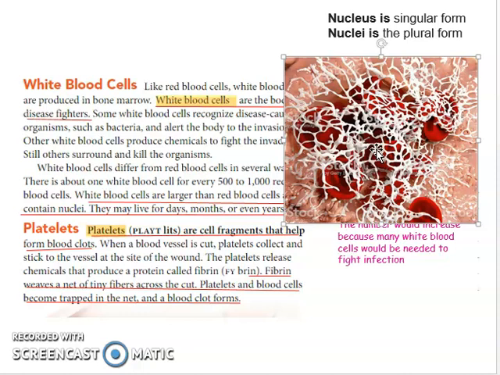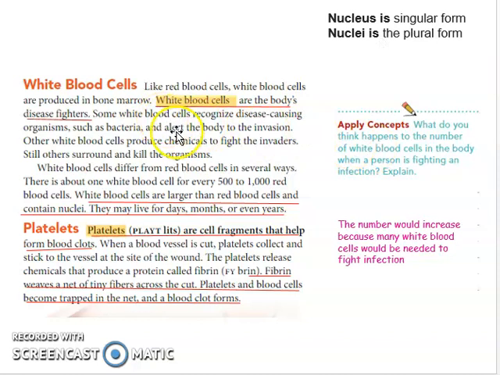Okay, so let's try to answer this one. What do you think happened to the number of white blood cells? Remember, white blood cells are like soldiers in our blood vessels. They fight diseases. They are fighters, soldiers inside our body. So what do you think happened to the numbers of white blood cells in the body when a person is fighting an infection?